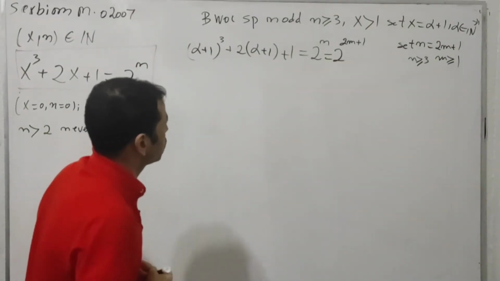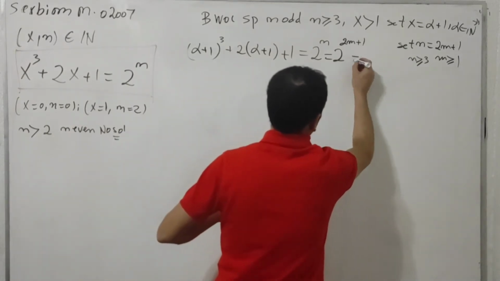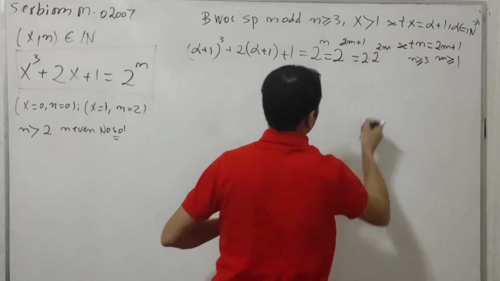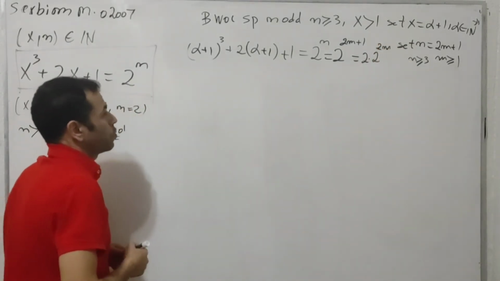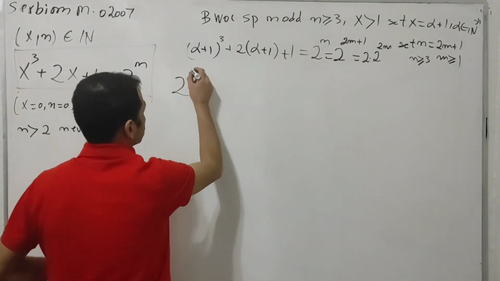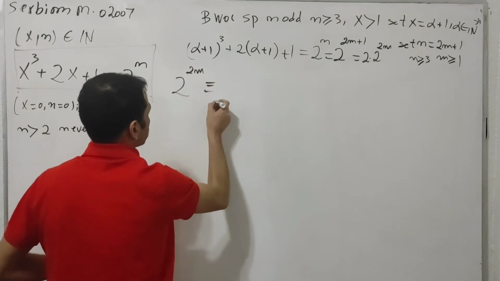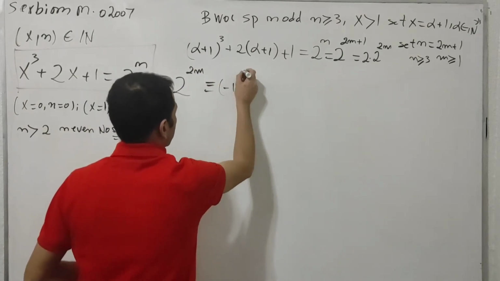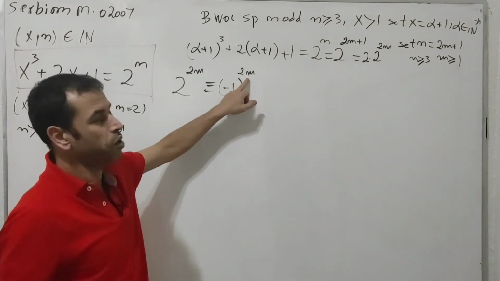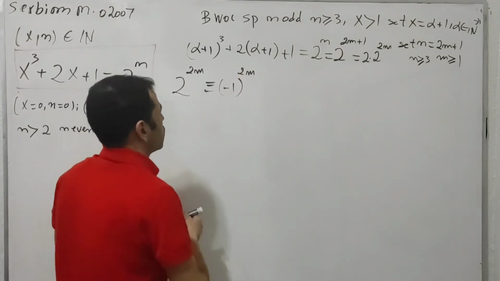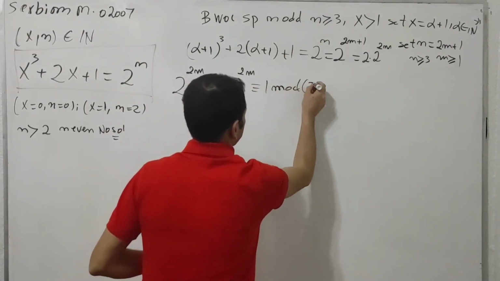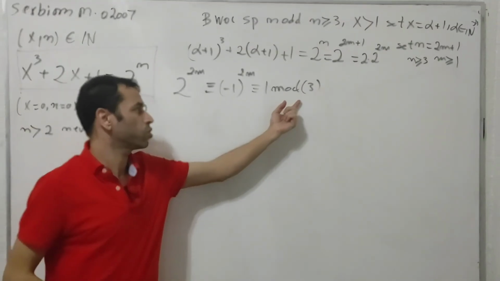So this is giving us 2 multiplied by 2 to the m. Now, by using the congruence definition, 2 to the m is congruent to (minus 1) to the m. As we know, this number is even, because this one is even. So this gives us congruent to 1 mod 3. So I have reduced the expression to mod 3.